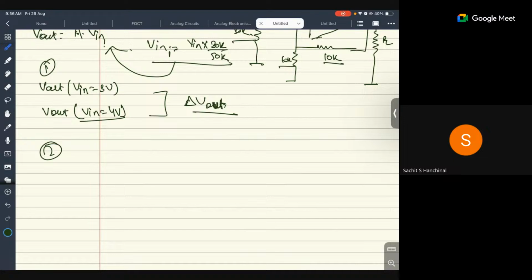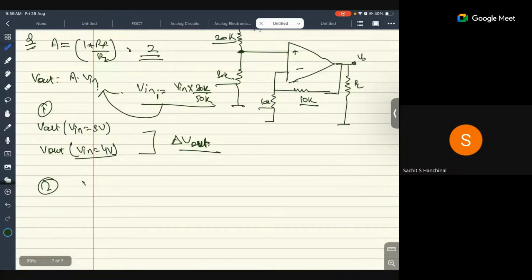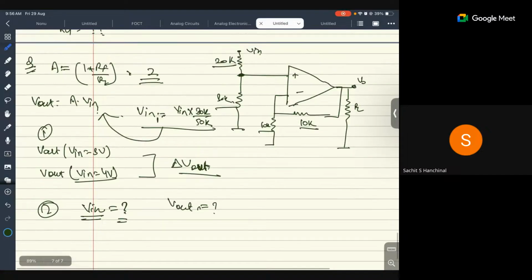Sorry, I just say that it is a Vx. If I calculate the Vx variation, can I calculate the V out? Because the relation between V out and Vx is V out is 2 times Vx.